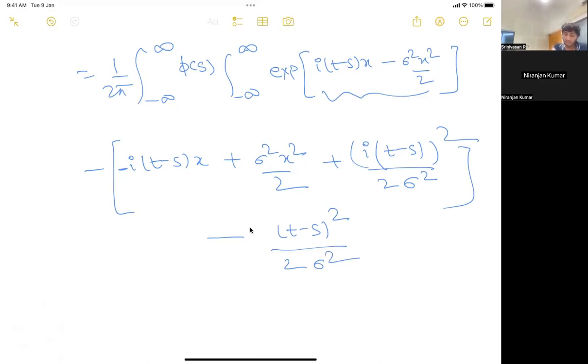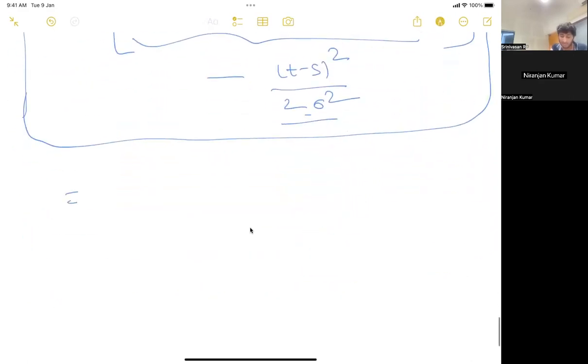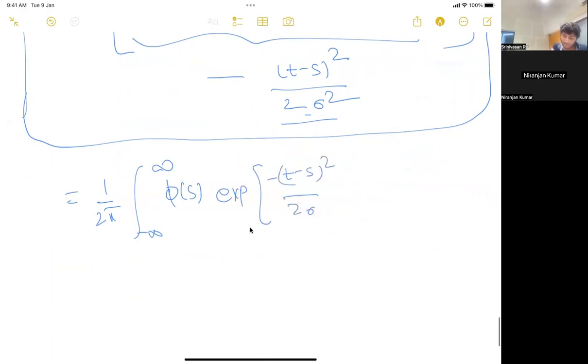Now this quantity in the integral, we have written it like this. This is a complete square, and this quantity doesn't depend on x. So we can take this out. I'll just box this and use it here to get the following: phi of s times the exponential of negative (t minus s) squared by 2 sigma squared.